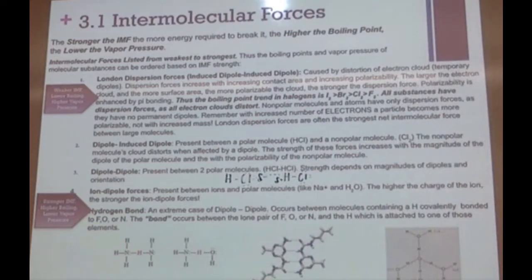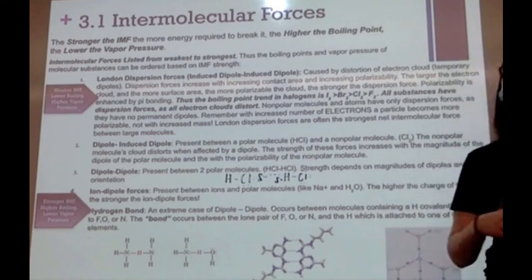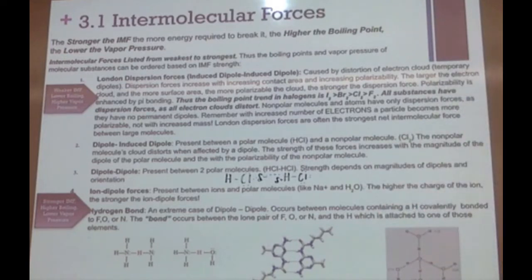When we're looking at strength of attraction, we can think about Coulomb's law. As we increase the charge, we increase the strength of attraction. As we decrease the distance, so if we make it smaller, that also increases the strength of attraction. And then finally, we get down to hydrogen bonds. Hydrogen bonds are a unique type of dipole-dipole force.